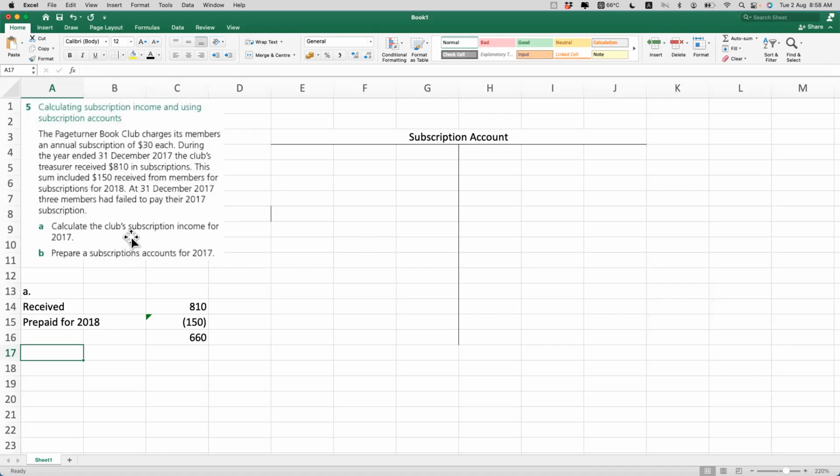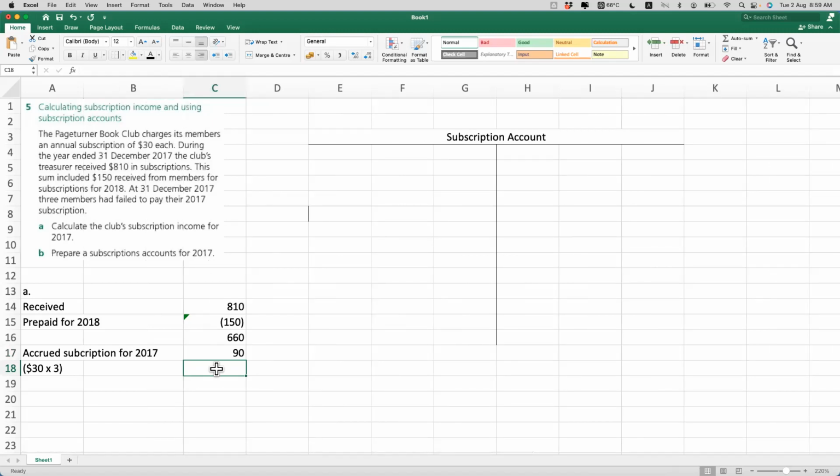Then after that, you need to calculate as well. So here it says that 3 members has failed to pay. So 3 members are your accrued subscription for 2017. So the calculation would be $30 multiplied by 3 because that's each person. So $90 will be written here, and then we just need to add them together.